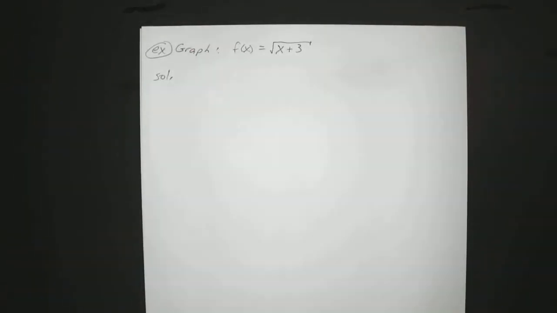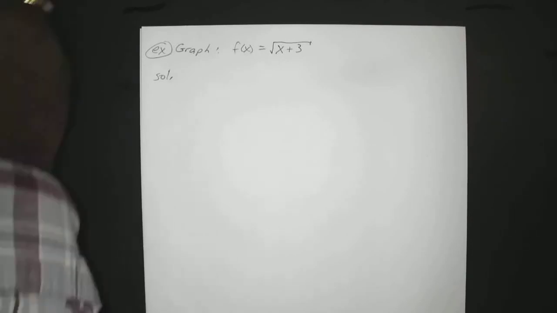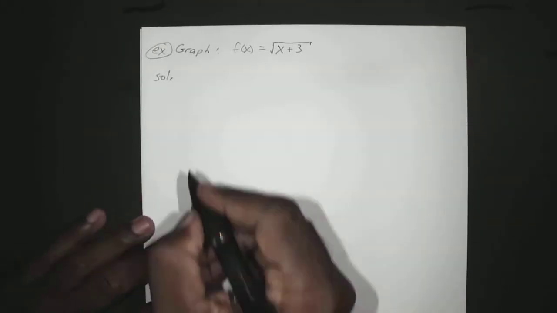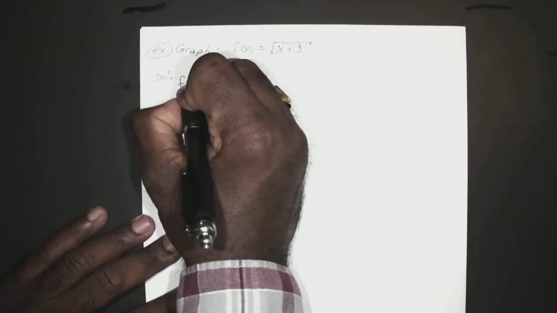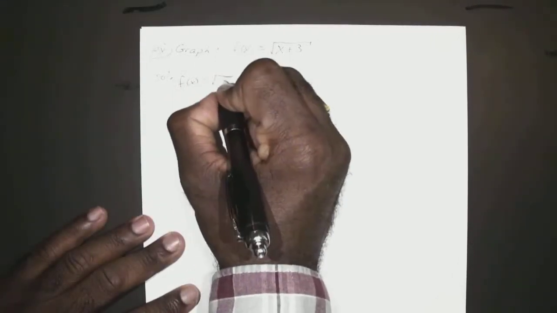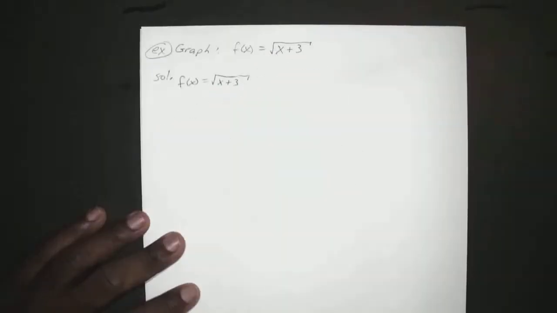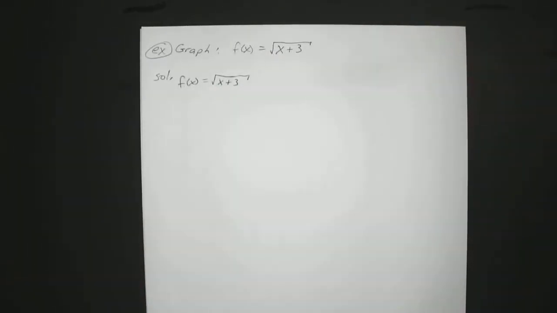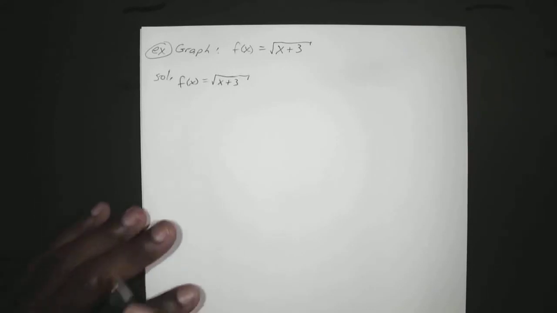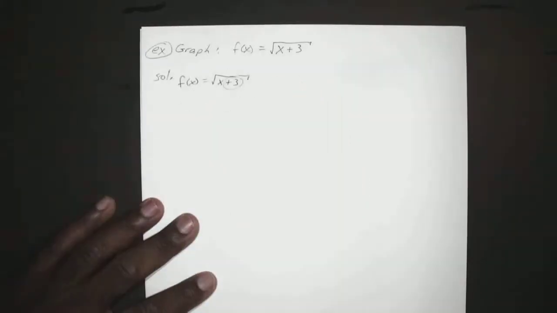Okay, so we know if we have f of x equals square root of x plus 3, if we get rid of all of our non-exponent constants, that means we're going to get rid of that plus 3.